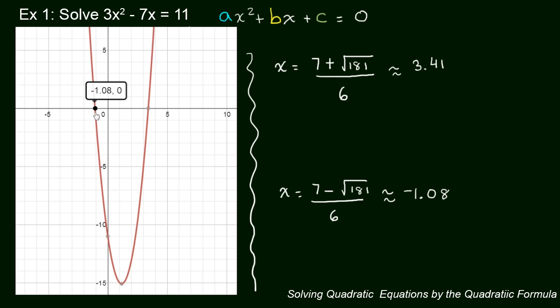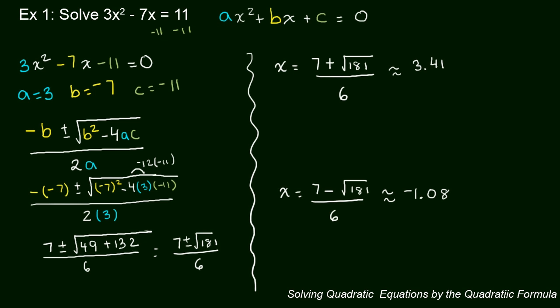So here's our first x-intercept, or root. At this point over here, we get x is equal to 3.41 and y is equal to 0. Here's our second x-intercept, or root, for this quadratic function of 3x squared minus 7x equals 11. These 2 points match exactly with what we found using the quadratic formula.